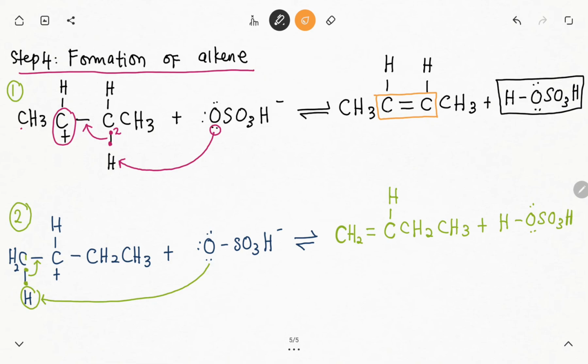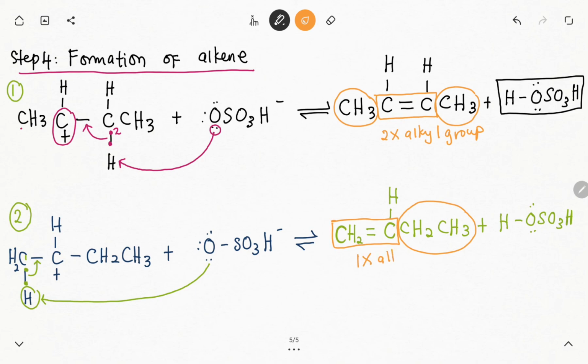The carbon here has 1, 2, so it has two alkyl groups. In the second possibility, the carbon-carbon double bond only attaches one alkyl group, so it has just one alkyl group.